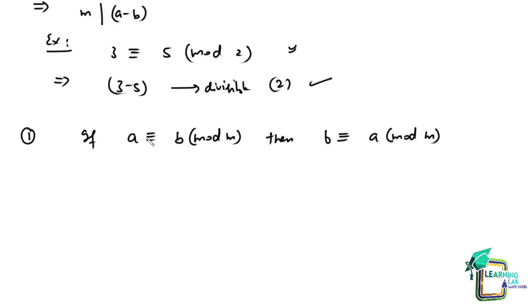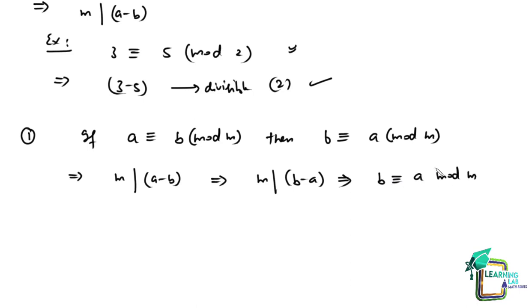As we have A is congruent to B mod M, that means M divides A minus B. If M divides A minus B, this implies M also divides B minus A. If M divides B minus A, we can rewrite this in the language of modular arithmetic as B is congruent to A mod M. So this is the first basic property of our modular arithmetic.